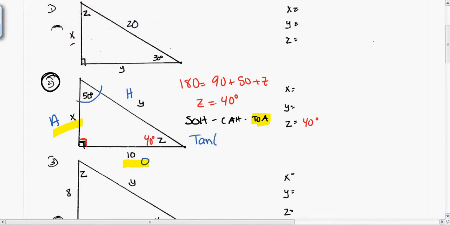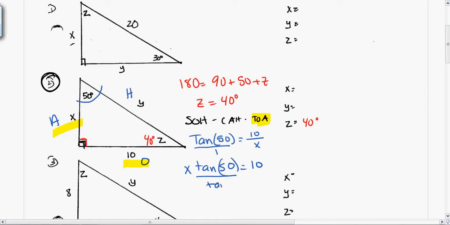So the tangent of 50 degrees equals the opposite side, 10, over the adjacent side, X. And now I'm going to cross multiply and solve for X. So put a 1 under the tangent. X times the tangent of 50 degrees equals 10 times 1, or 10.